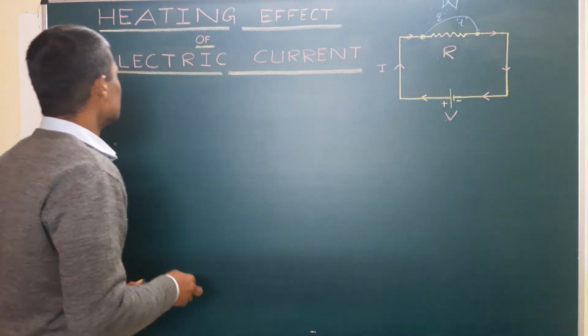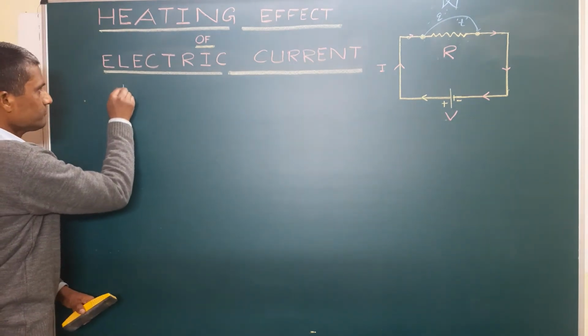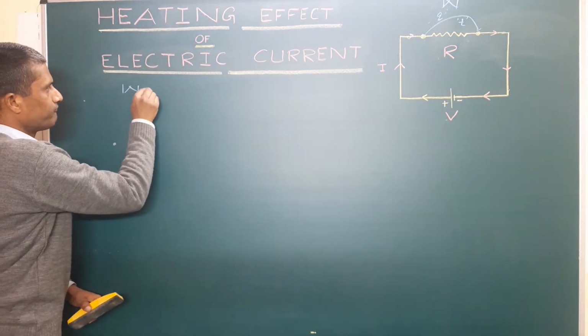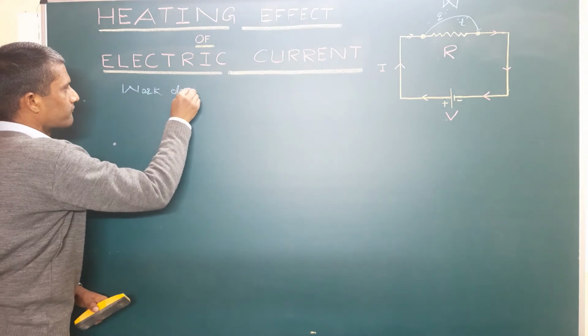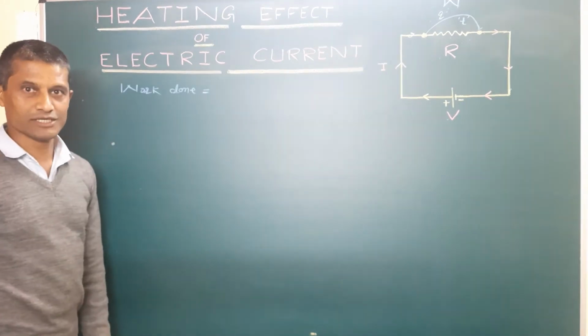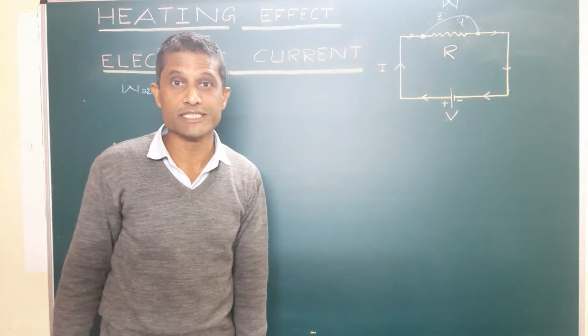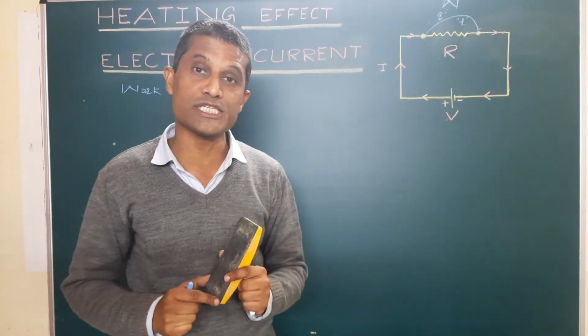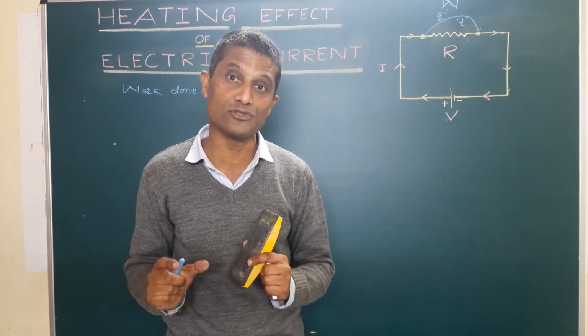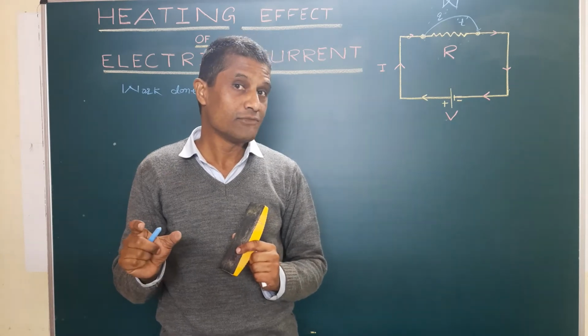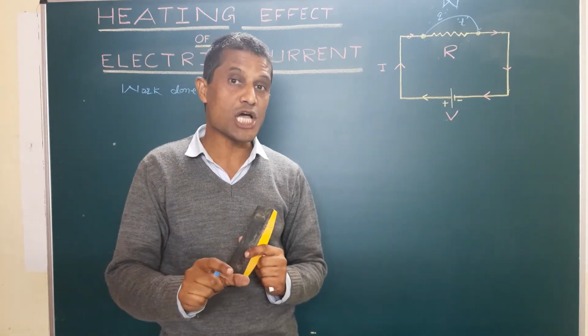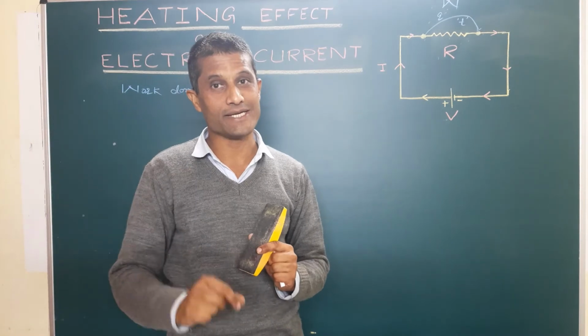So here we will start with work done. We have learnt in the definition of potential difference that the potential difference acting across the ends of a conductor is always equal to the work done to bring one unit charge from one end to another end.